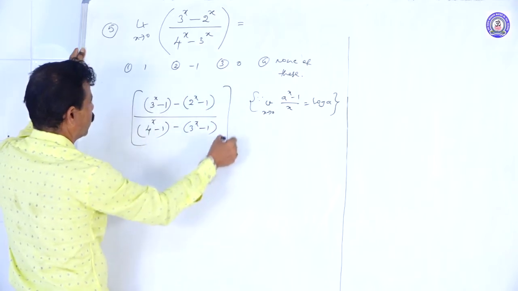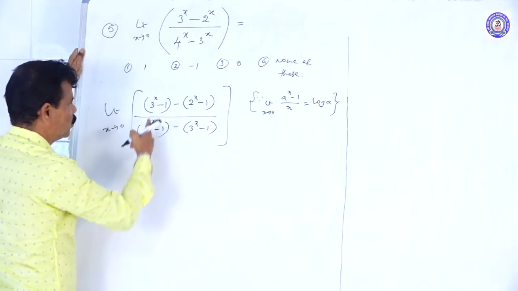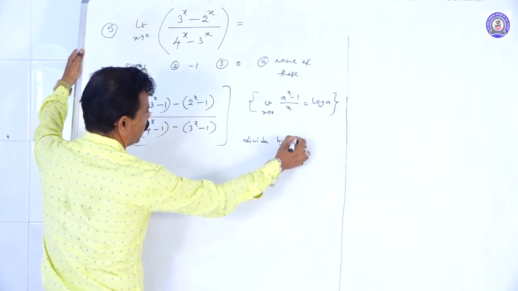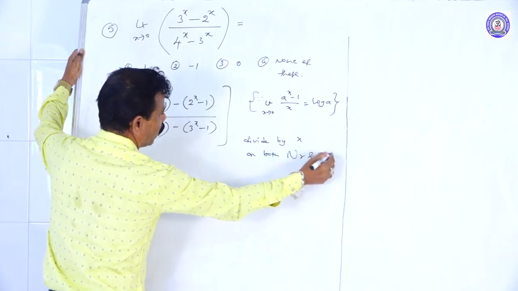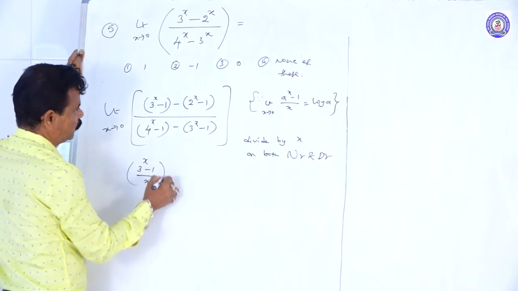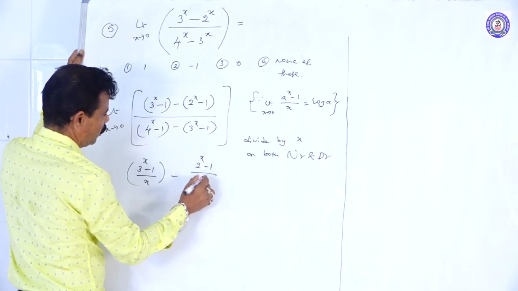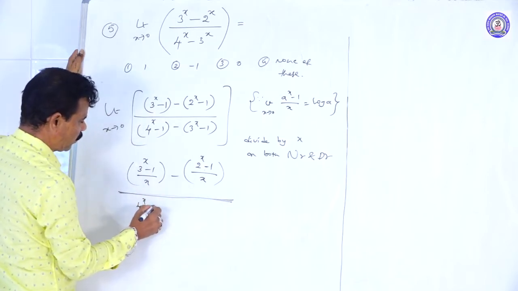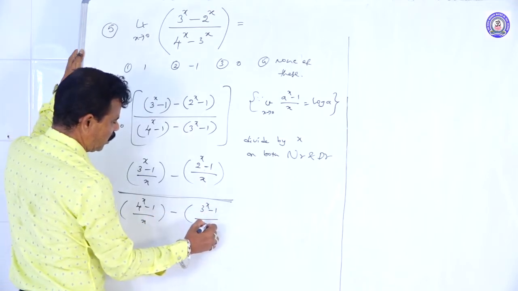After this, limit x tends to 0. In the denominator x is needed, so divide each term by x, on both numerator and denominator. 3 power of x minus 1 by x minus 2 power of x minus 1 by x, and in the denominator also 4 power of x minus 1 by x minus 3 power of x minus 1 by x.